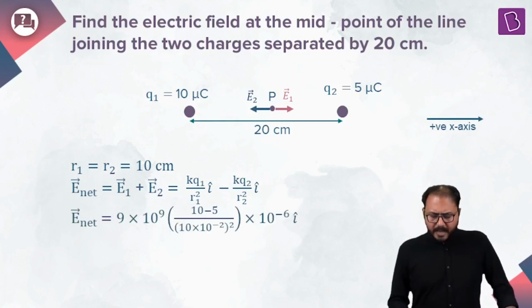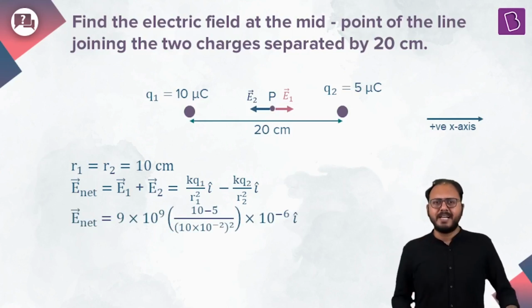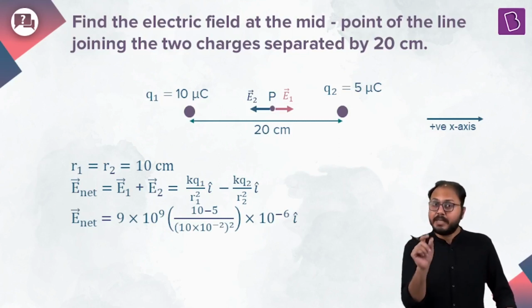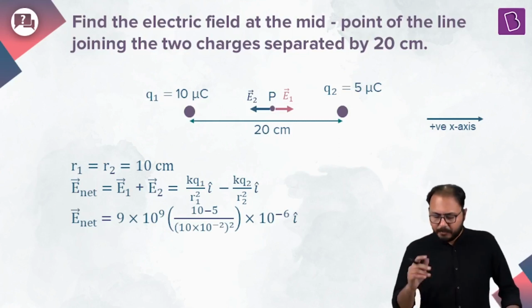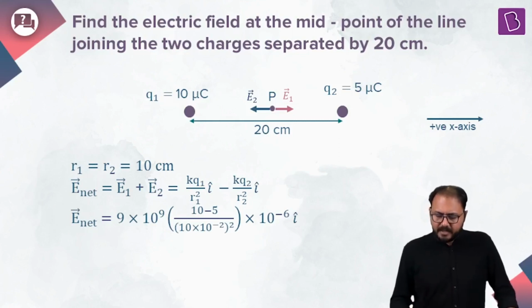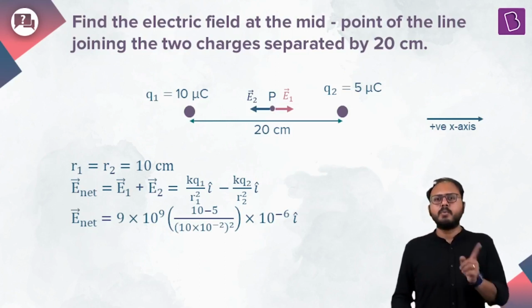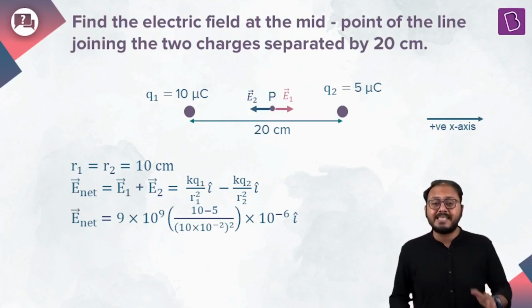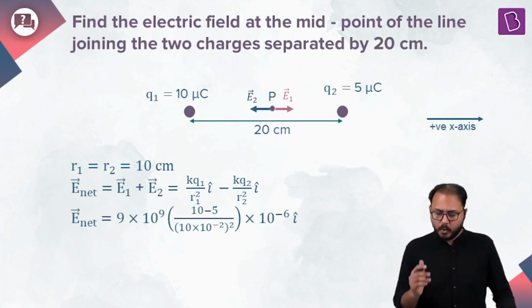So the value is 9 times 10 to the power 9, which is 1 upon 4 pi epsilon naught. In bracket, as you can see, 10 microcoulomb minus 5 microcoulomb, and I've kept the factor of 10 to the power minus 6 to deal with the micro of the coulomb outside the bracket, and in the denominator is centimeter being converted into meter. Remember, SI unit and square.